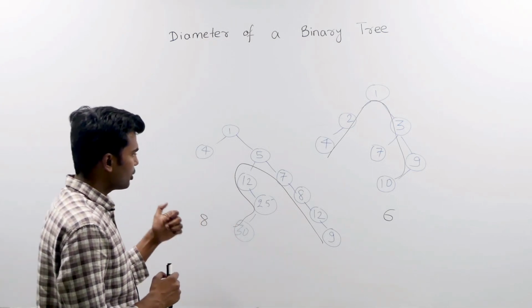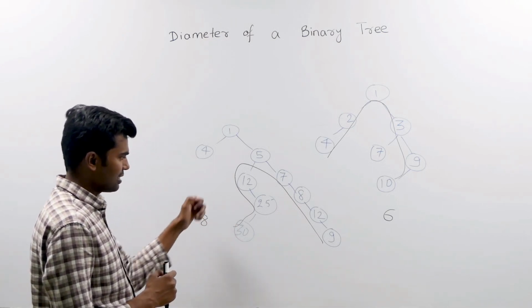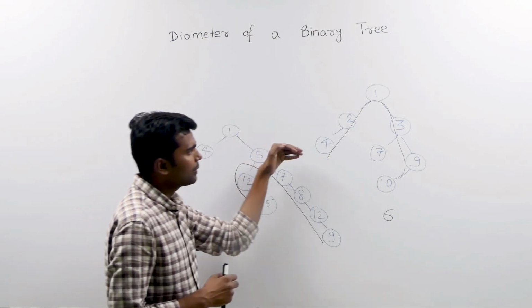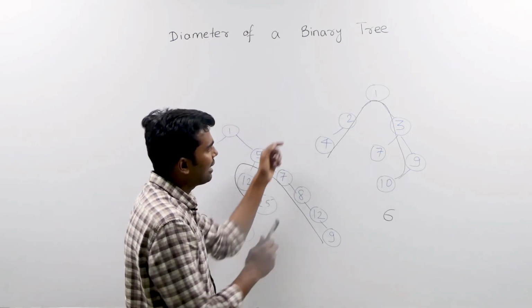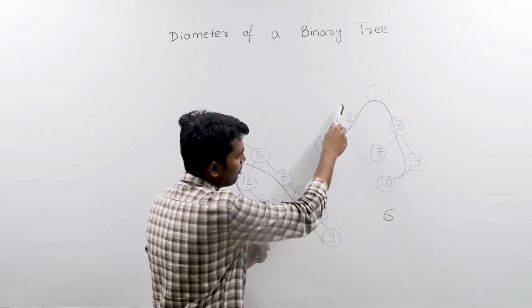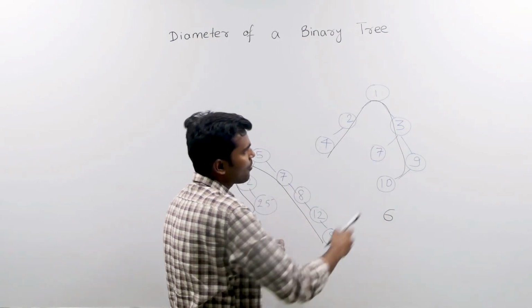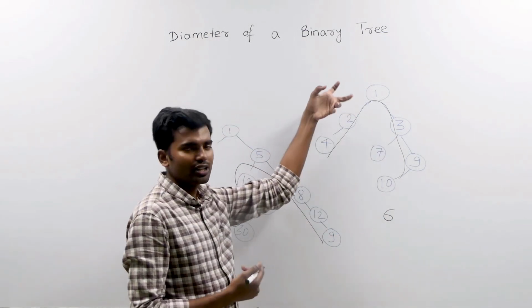So if we observe this carefully, we'll find that the diameter is simply the left height plus the right height plus 1 for a given node.